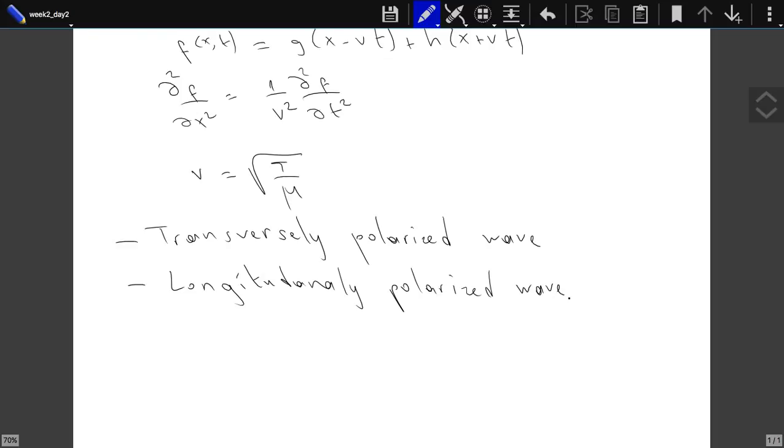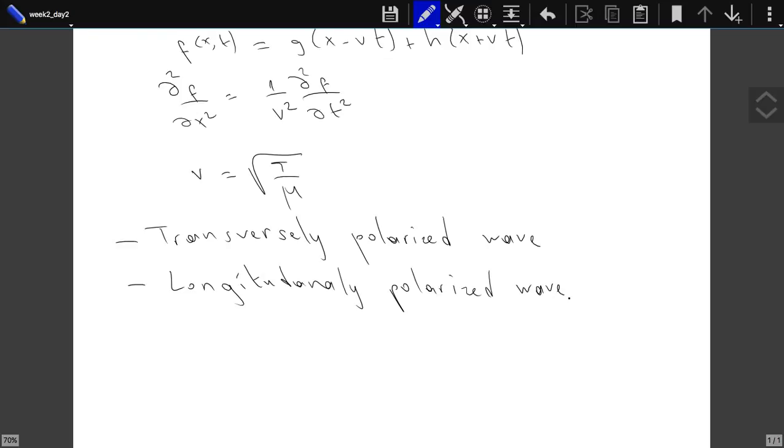So it compresses the air nearby. It's a compression wave. It compresses the air and then relaxes it. This compression is created by the motion of the particles in this direction, and the wave is also moving in the same direction. So that is what we call a compressional wave, a longitudinally polarized wave.